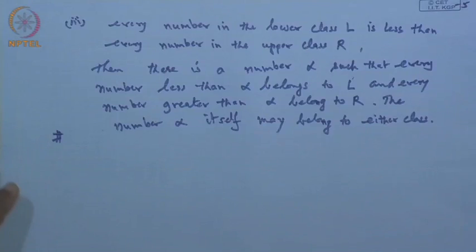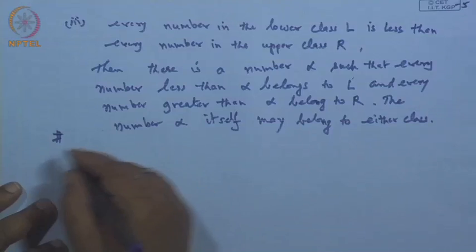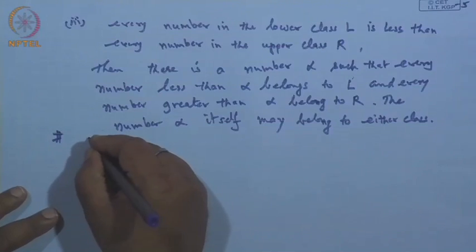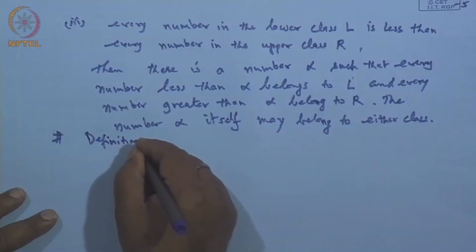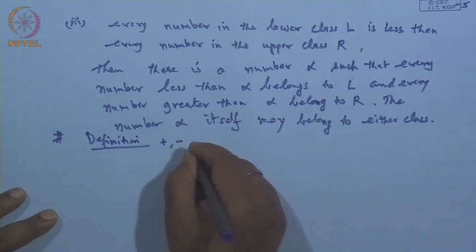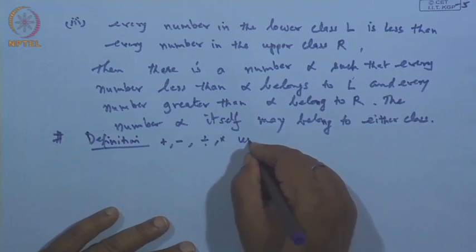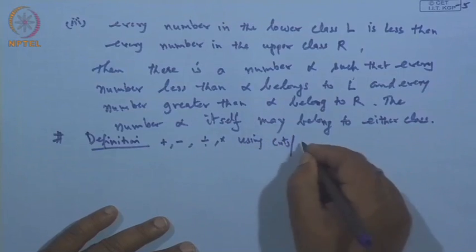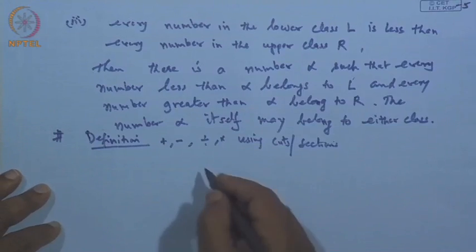Okay. So, the relation of magnitude. We can introduce the definition of addition, subtraction, division, multiplication in terms of cuts, or sections. Okay, how to define? Definitions.